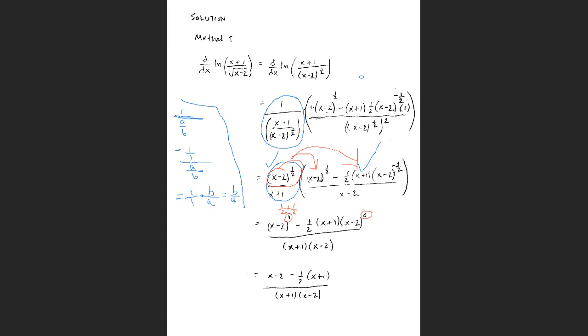The 0th power comes by taking the half power plus negative a half power. x minus 2 to the half times x minus 2 to the negative a half is x minus 2 to the 0th power. Are there any questions on this step here?